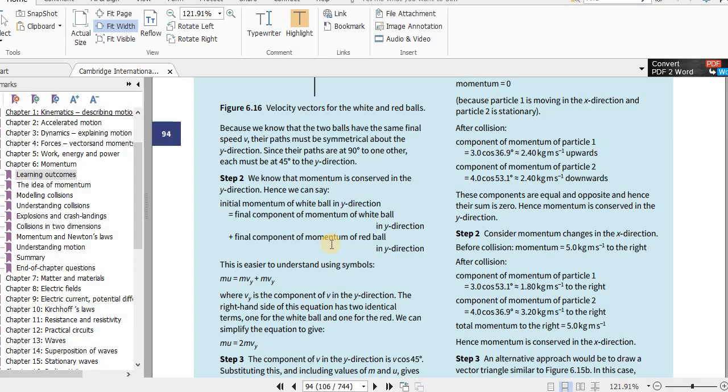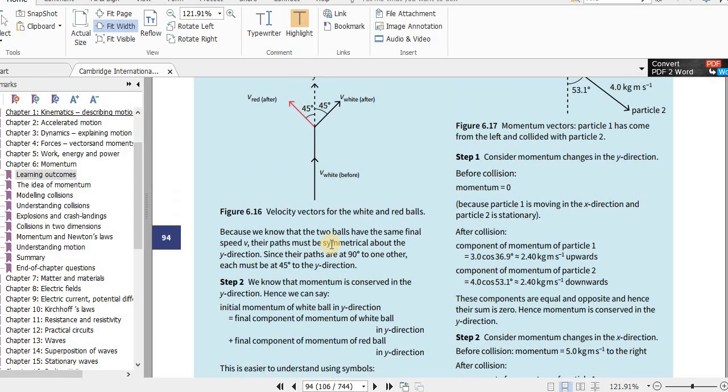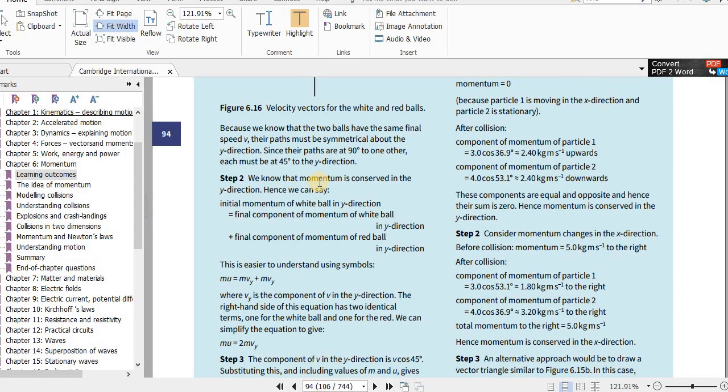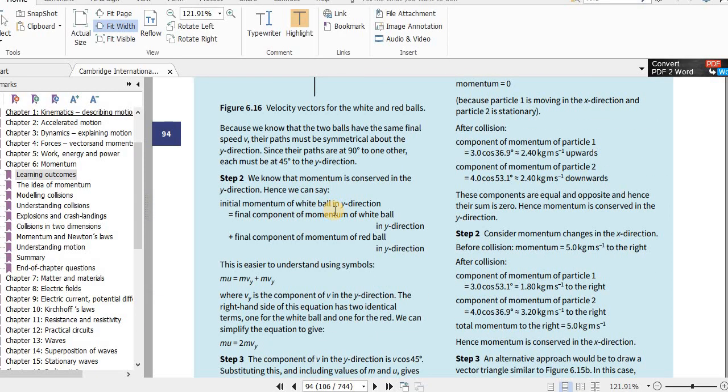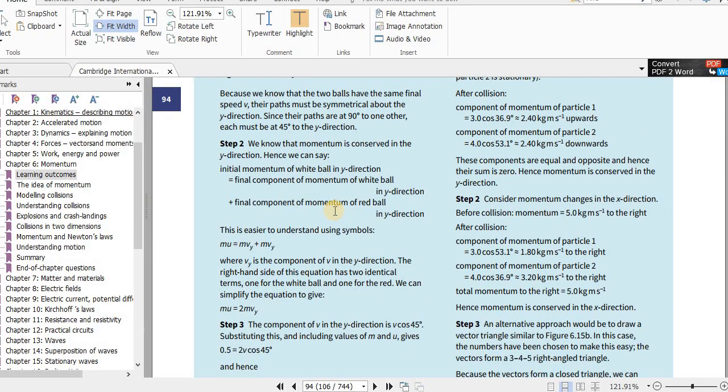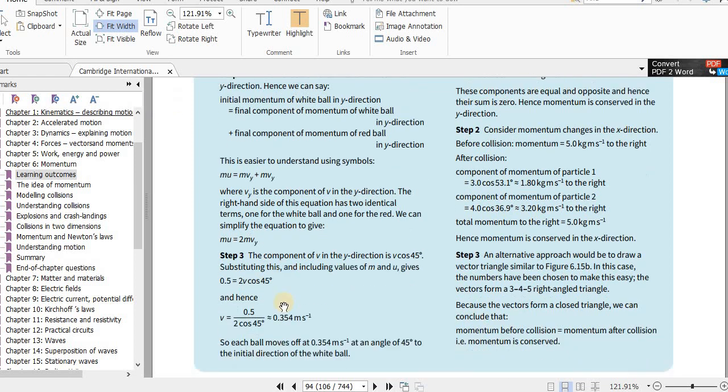This is easier to understand using symbols. mu equals mvy plus mvy, where vy is the component of v in the y direction. The right hand side of this equation has two identical terms, one for the white ball and one for the red. We can simplify the equation to give this, and then we can find v.